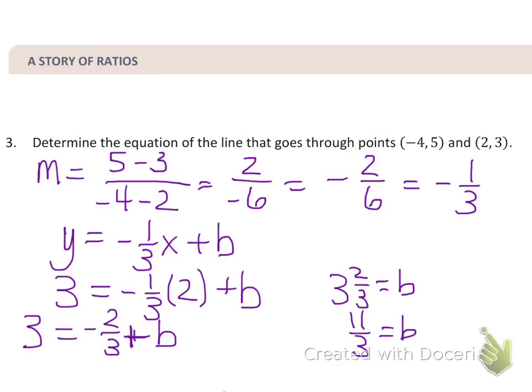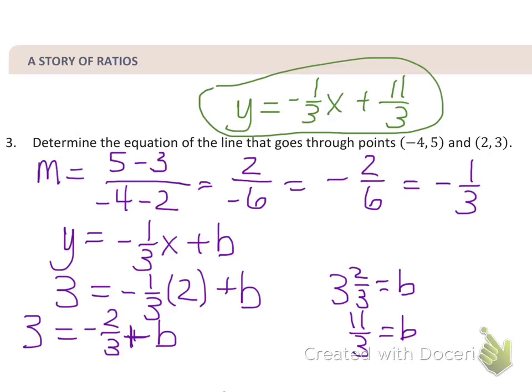Okay, I'm running out of room, so I'm going to go ahead and write my final equation up here. So y is equal to the slope, negative 1/3 x, plus the y-intercept, so plus 11/3. All right, so I can't see the graph to check the y-intercept, but I trust the algebra and that it works out. So there's exercise 3.